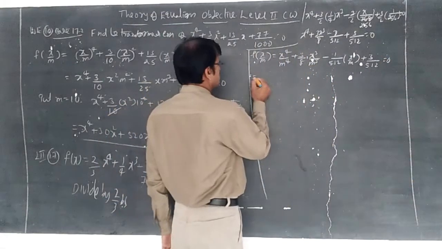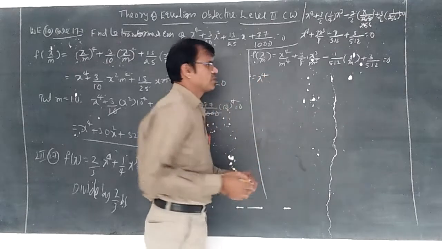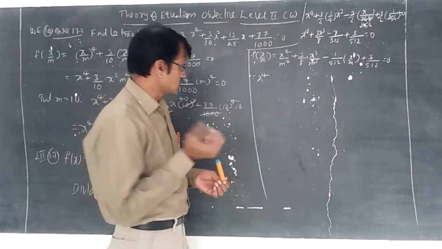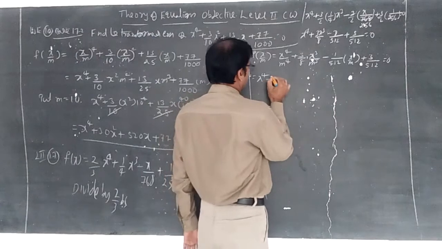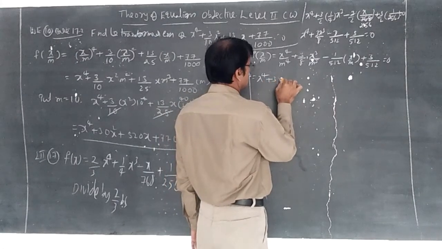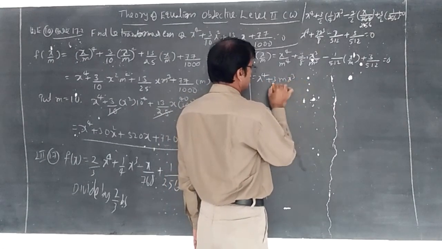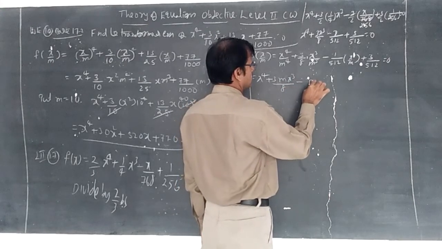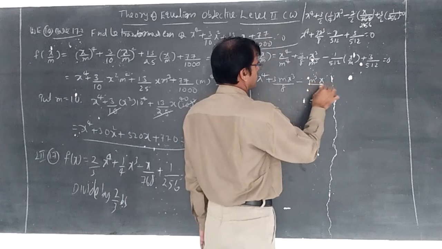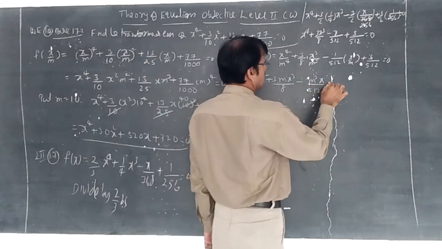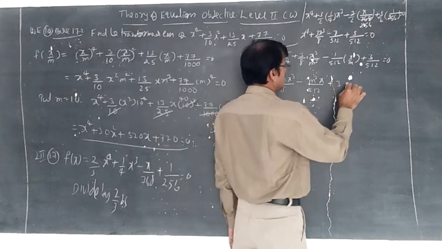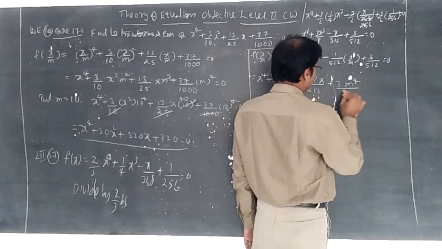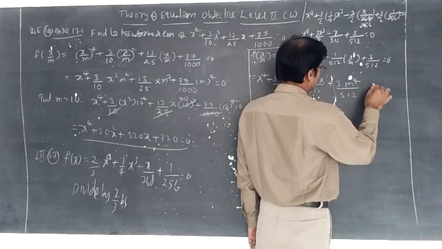So that is equal to, take m power 4 as LCM. So x power 4 plus here you can get 3mx cube by 8 minus m cube x by 512 plus 3m power 4 by 512 equal to 0.